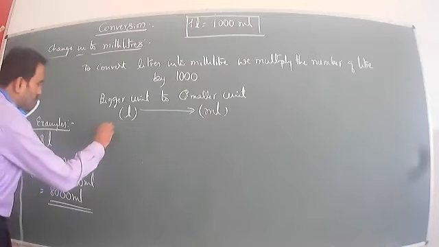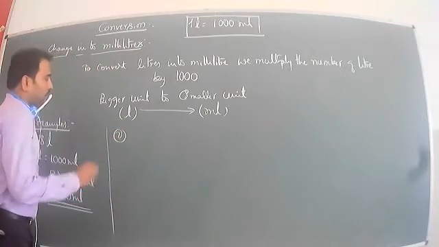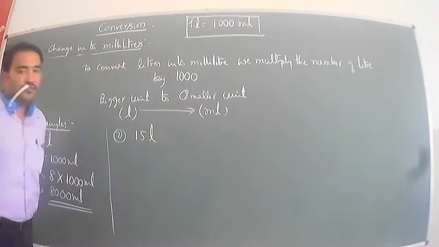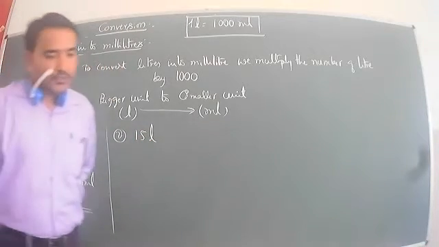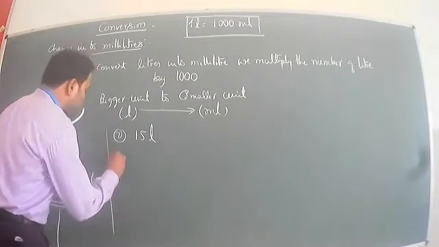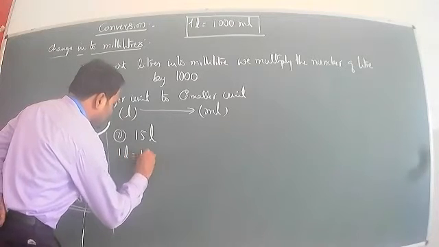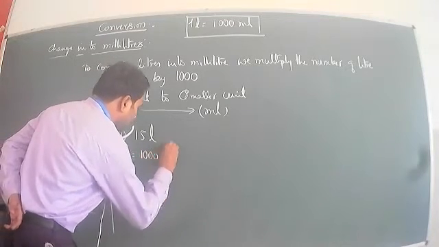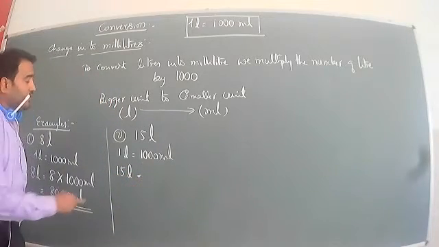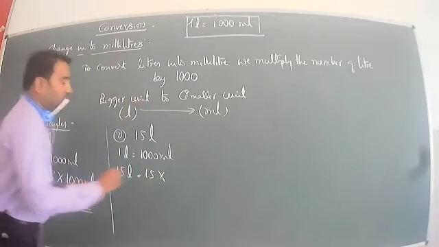Now I will go for another example. Second one: 15 liter. We know that 1 liter equals 1000 milliliter. So 15 liter equals 15 times 1000.